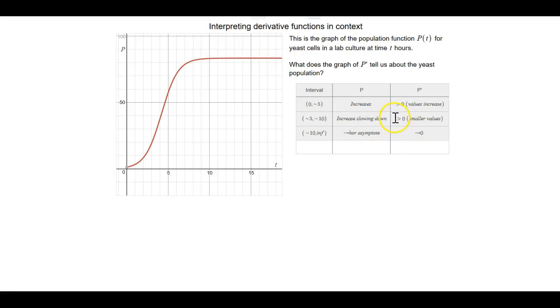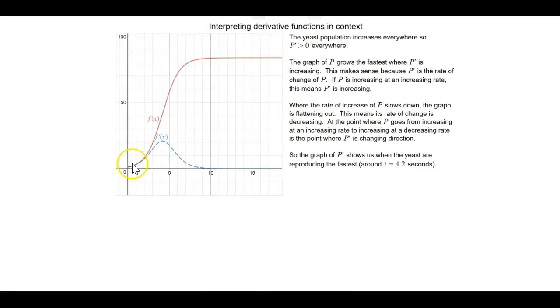So our values of the derivative are still greater than 0, but they're getting smaller. And then from 10 to infinity, thereabouts, it looks like this function has reached its horizontal asymptote. So our derivative is going to have to be going to 0 as well, because a horizontal line has a 0 slope.